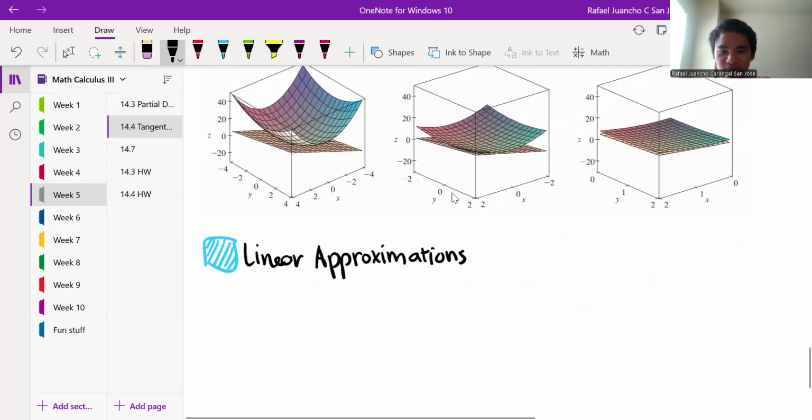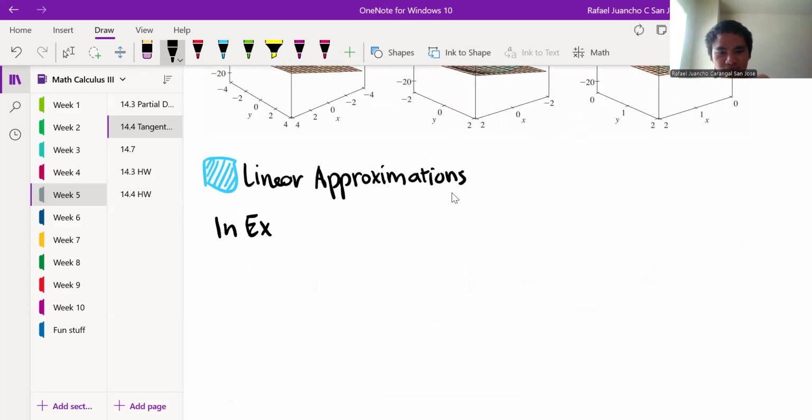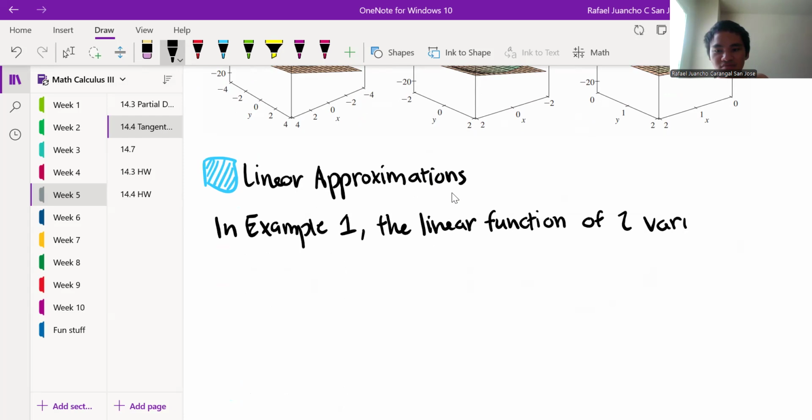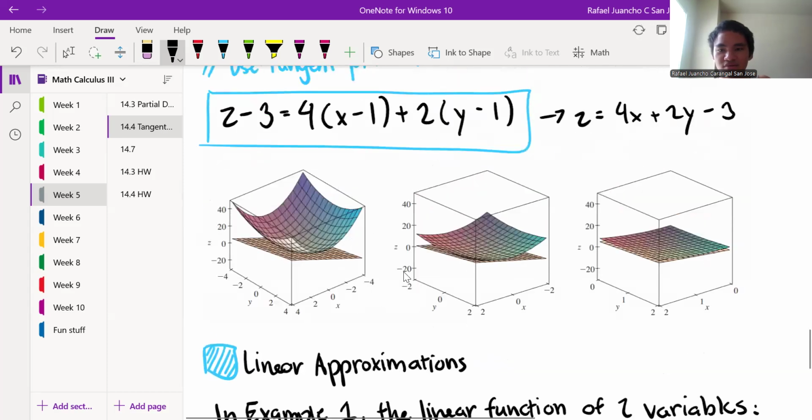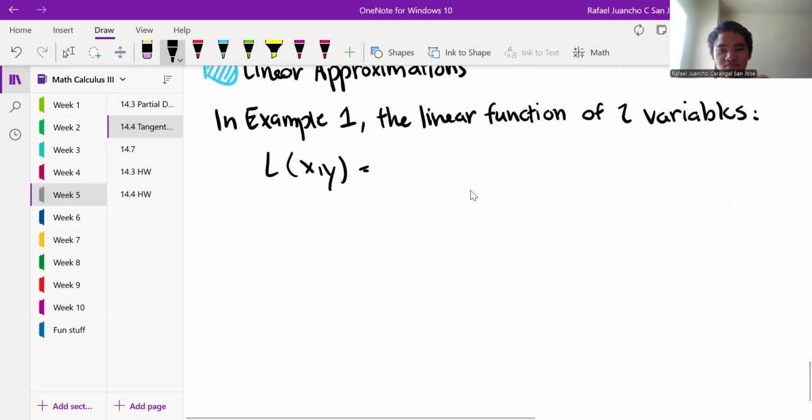And using this idea, here we can have a linear function of two variables. And funny enough, and we're still going to try to figure out why, it's the same as the tangent plane equation. So it's going to be L of x, y equals 4x plus 2y minus 3.